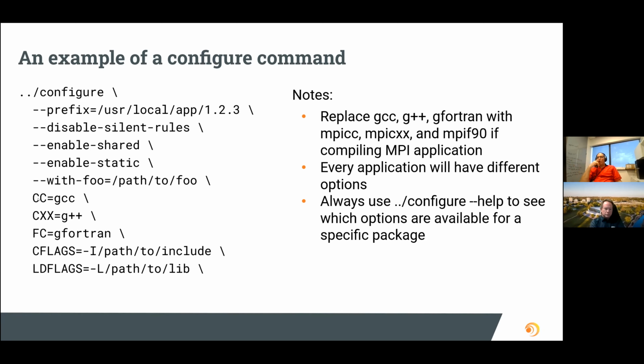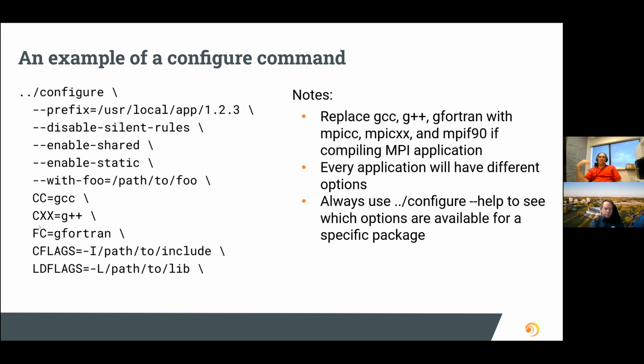Here I'm specifying I want GCC for my C compiler and G++ for my C++ compiler. The environment variable CXX is typically used to denote your C++ compiler. FC is your Fortran compiler. Here I'm specifying gfortran.